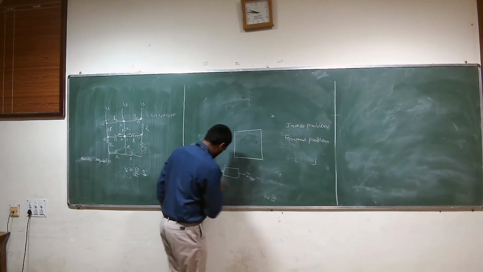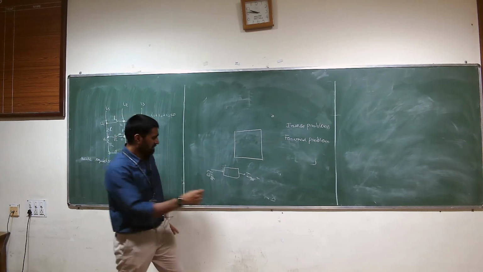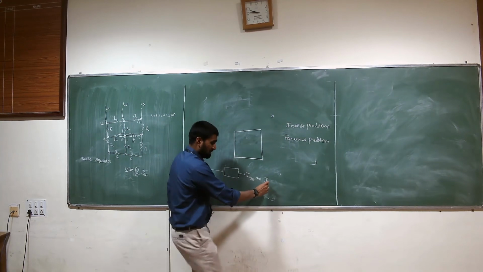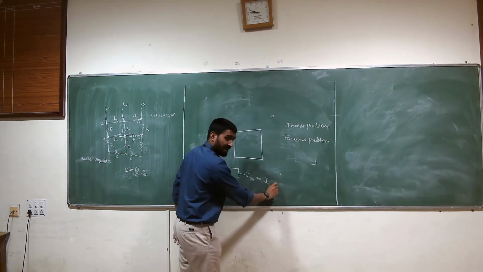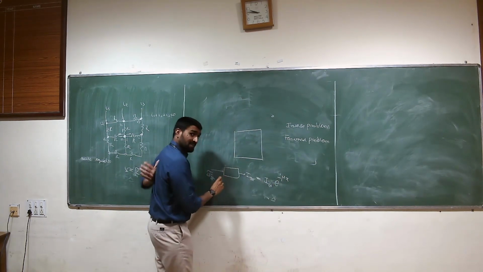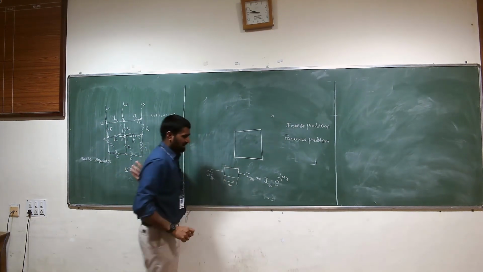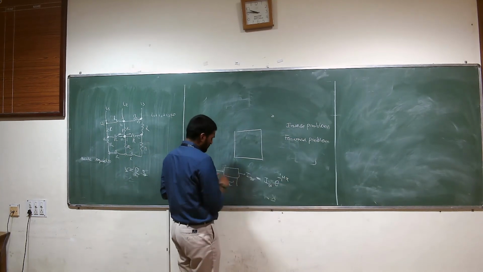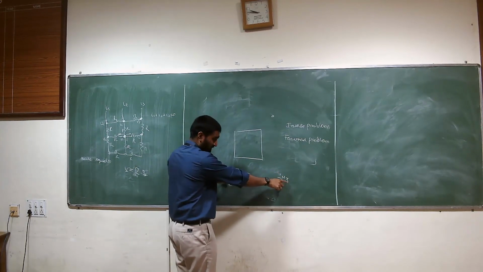I'll call it I N. What is X? This is X. It depends on the attenuation coefficient and how long the X-ray had to travel through the body with this fixed attenuation coefficient.